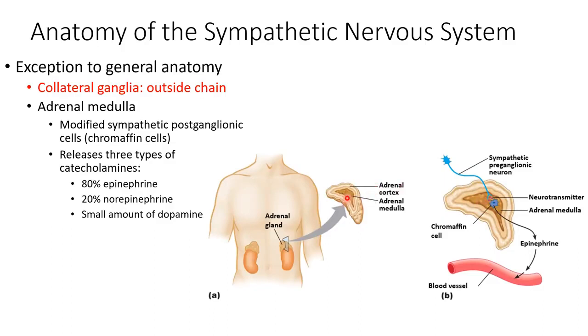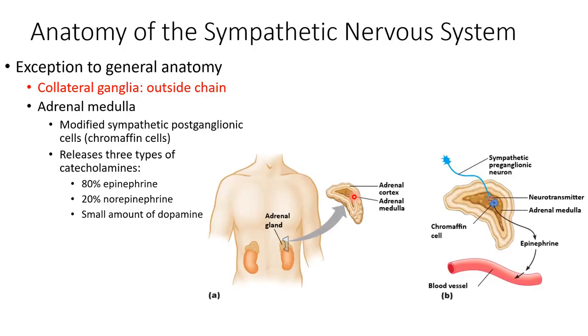The cells that are located in the adrenal medulla are called chromaffin cells. And these cells behave just like postganglionic neurons, right? In fact, there's research where scientists have taken chromaffin cells and put them in an appropriate medium, and they actually begin to grow axons, right?